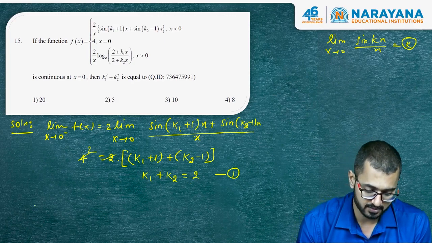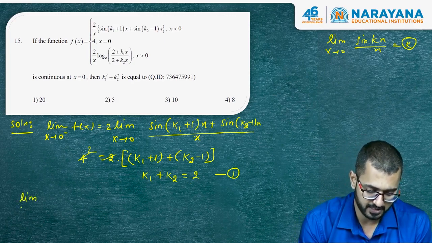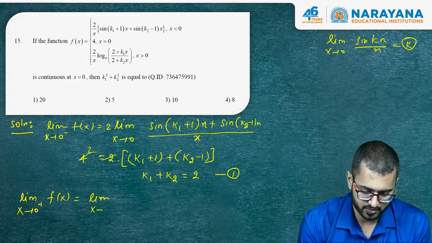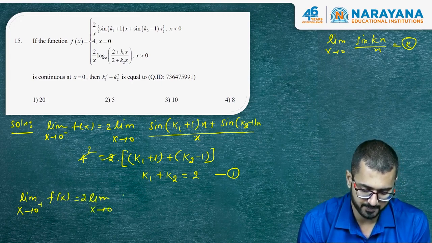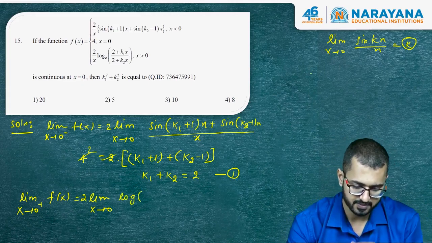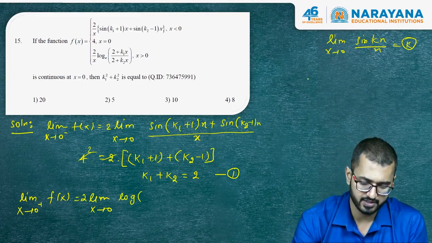Also we will find the right limit. In the right limit we have limit x tends to 0 plus of f of x, which will give me limit x tends to 0, and here also we have to take the 2 out, and the log will be written in this form. Here we are doing one trick first. It's log of (2 plus k1 x) minus log of (2 plus k2 x).